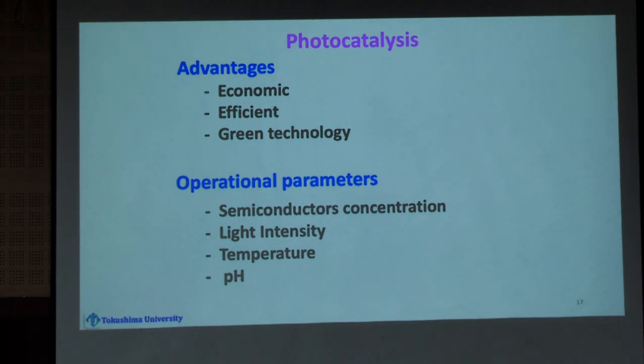I told you that we will use only light, okay? But it is not only light, it consists of water also. It consists of organic pollutant in the liquid medium. So what are the parameters that affect this photocatalysis process? For example, this light has certain energy.